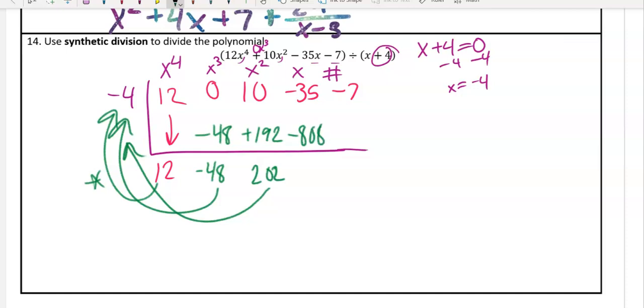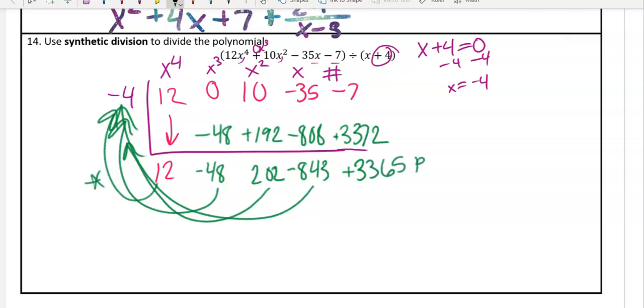Negative 35 and negative 808 gets us to negative 843. That times 4 gets us 3,372. Positive. So negative 7 plus 3,372 leaves us with a remainder of a positive 3,365.